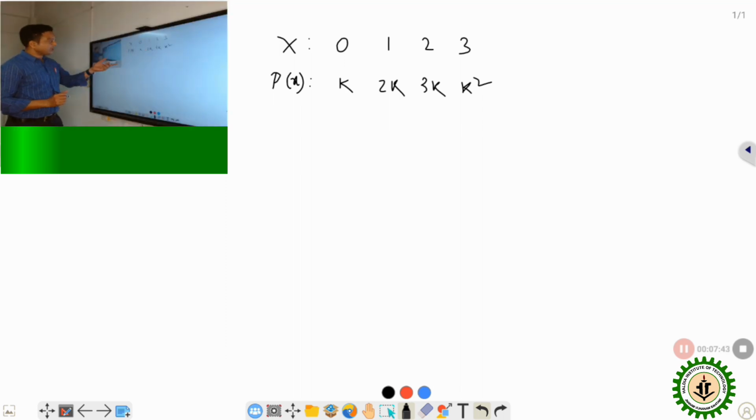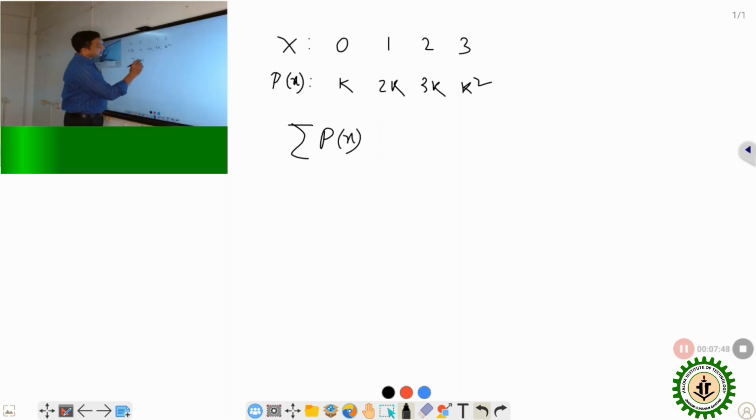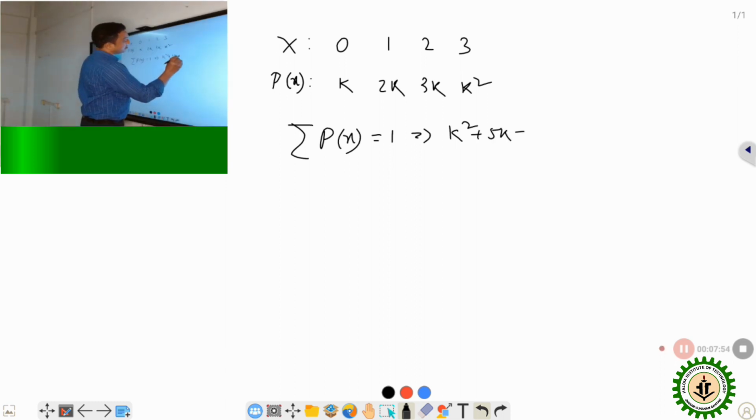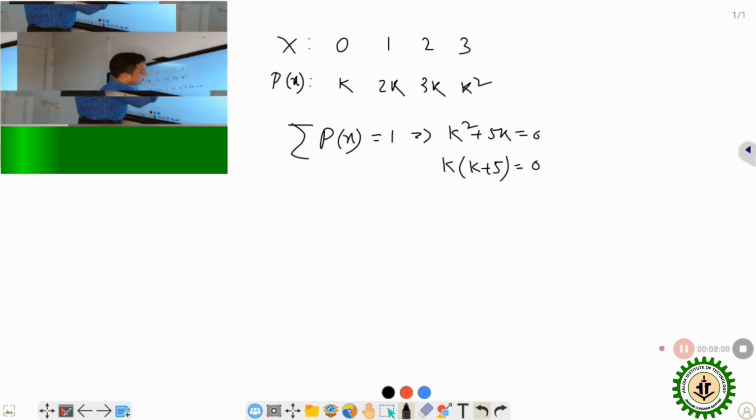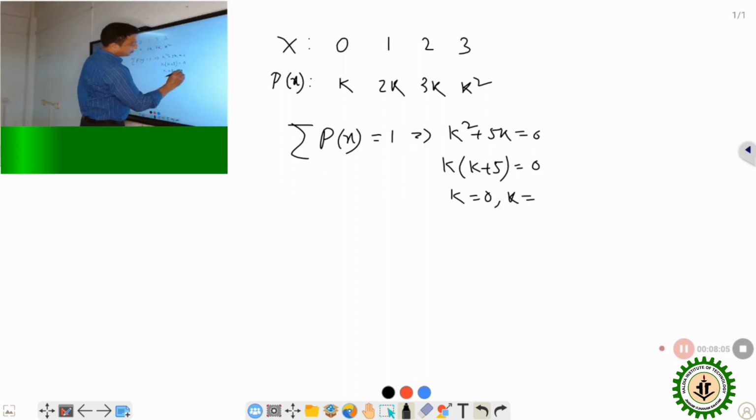To be a PMF, we first need the sum of the probabilities to equal 1. It gives you k square plus 5k equals 0. So k into k plus 5 equals 0.